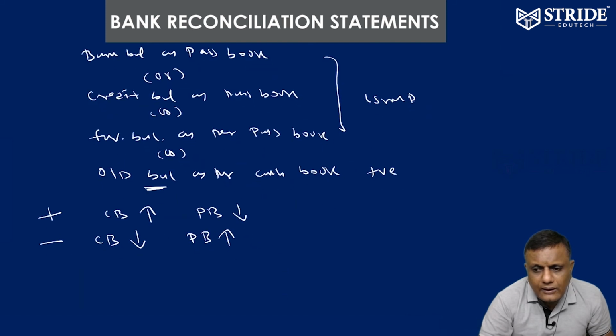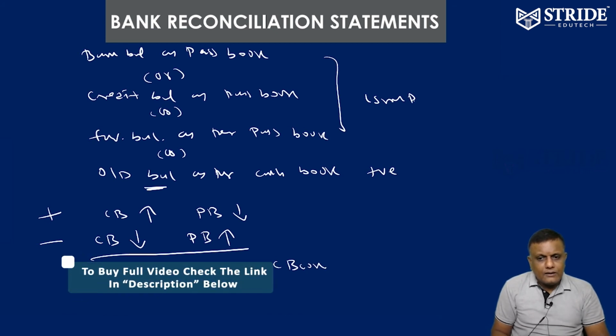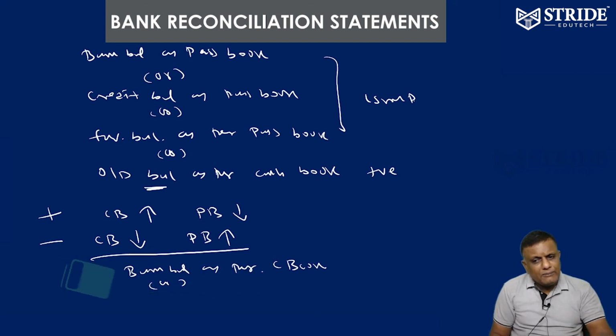Then automatically the result will be bank balance as per cash book, or favorable balance as per cash book, or debit balance as per cash book.